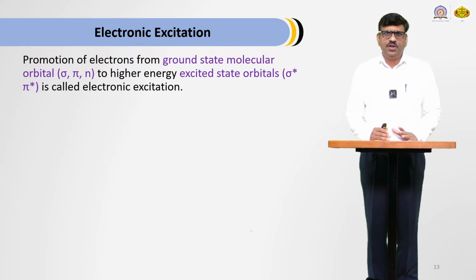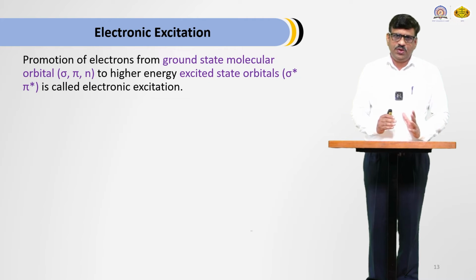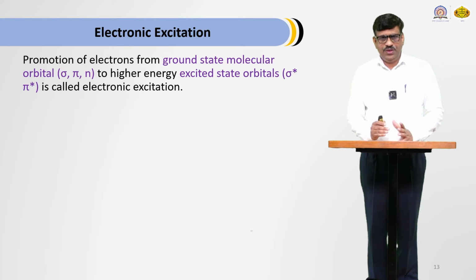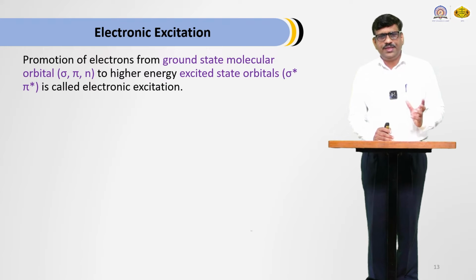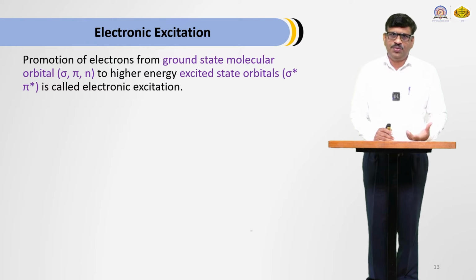Now, a very important part of UV spectroscopy is electronic excitation, or electronic transition. First, understand what electronic excitation is. Electronic excitation means promotion of an electron from a ground state molecular orbital to a higher energy excited state orbital. That is called electronic excitation.